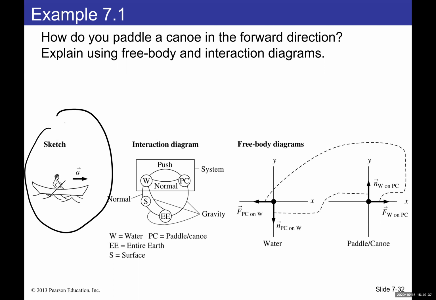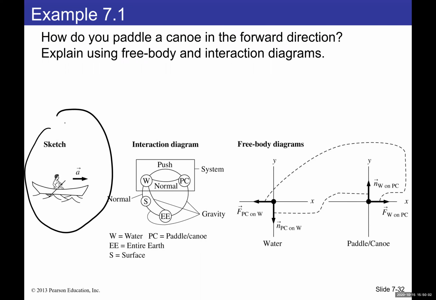The sketch basically shows a person inside the canoe with the paddle, right? And how do you paddle a canoe if you want to go in the forward direction? Now what we have here is, we identify all the agents, the actors in our problem.